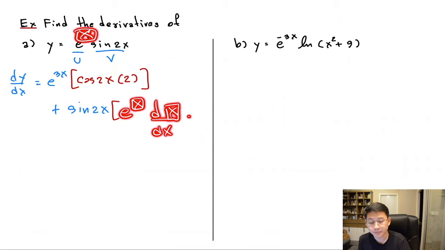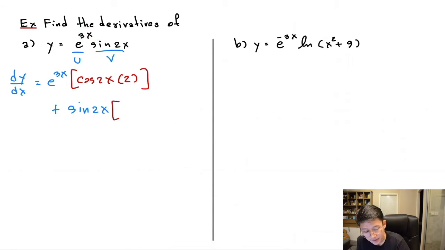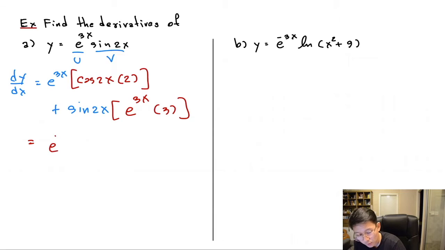Make sense? So we have e to the 3x, and then d of 3x by dx is 3. Okay? u dv plus v du. So we have that. The solution is e to the 3x. I pull that out. So I have 2 cos 2x plus 3 sine 2x.